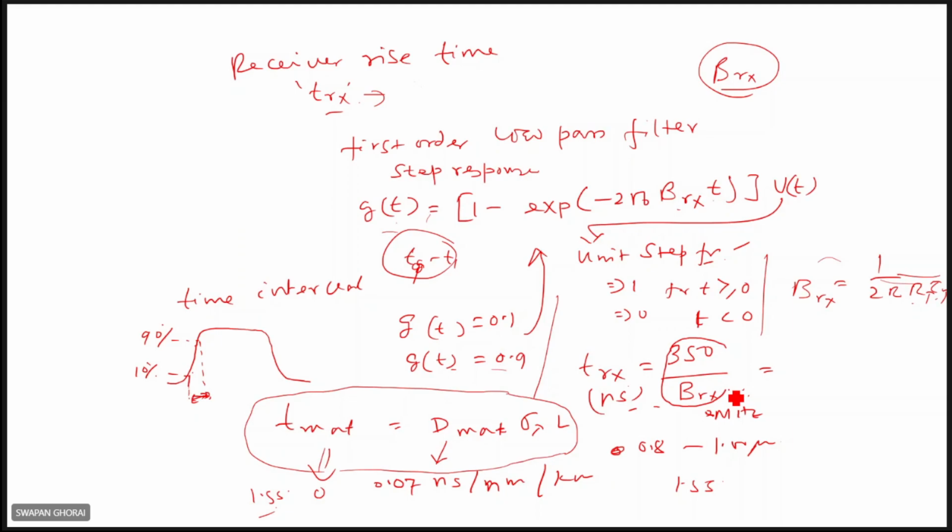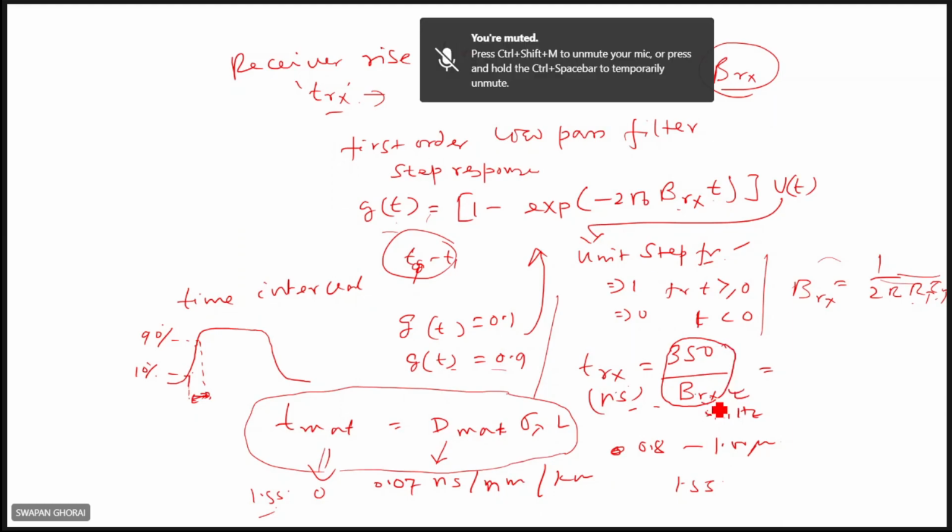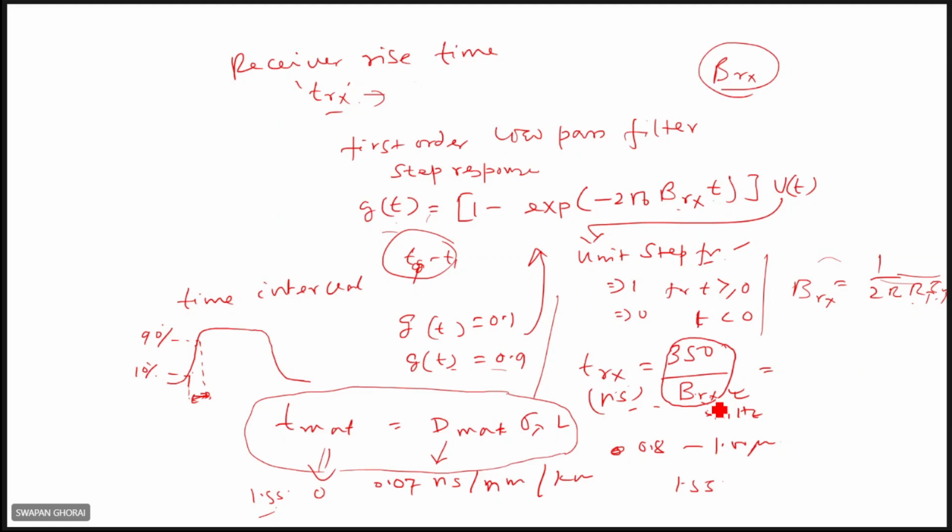If you use these relations, then it must be nanosecond, it must be megahertz. That is the receiver rise time. So now, the transmitter rise time is known to the designer. Receiver rise time can be calculated if you know the receiver bandwidth, right?